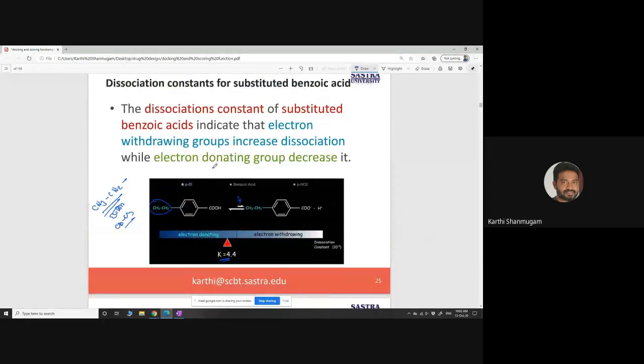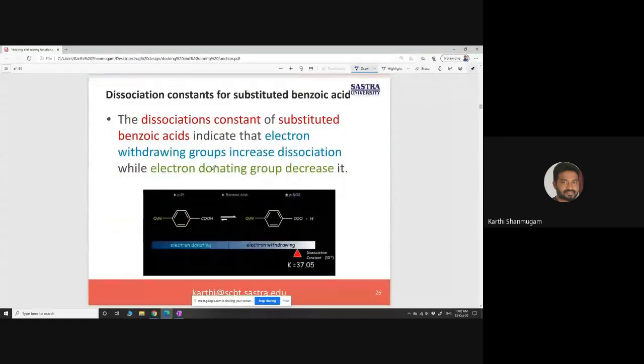He wanted to continue the experiment by changing the para position with some other functional group. This time he chose another functional group, NO2. So the first time, at the para position, a hydrogen atom. The second case, at the para position, CH3CH2. And in the third case, he replaced it with NO2, three different functional groups.